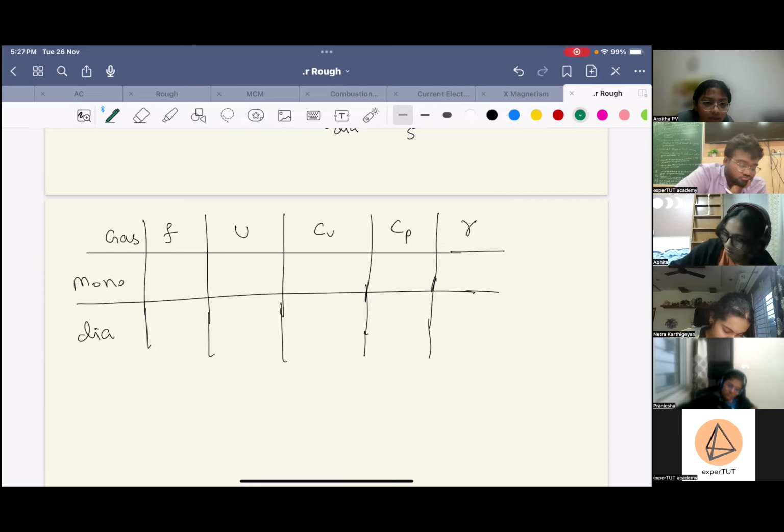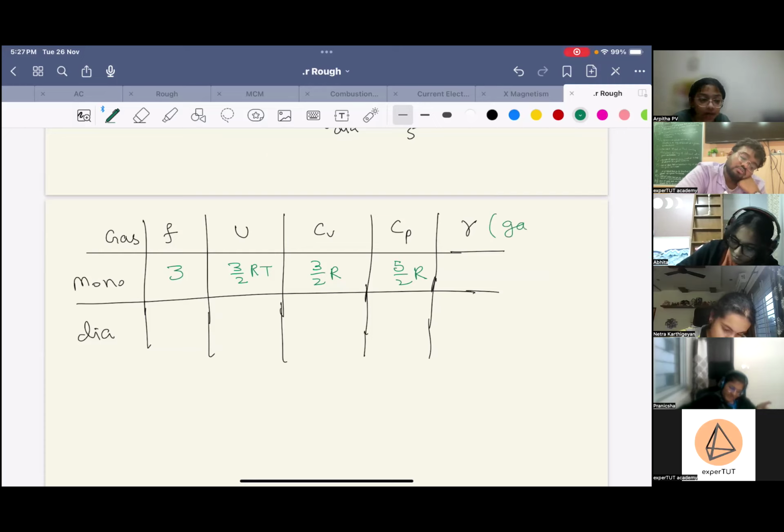The degree of freedom is 3. U is 3 by 2 RT, CV is 3 by 2 R, CP is 5 by 2 R, and gamma is 5 by 3.